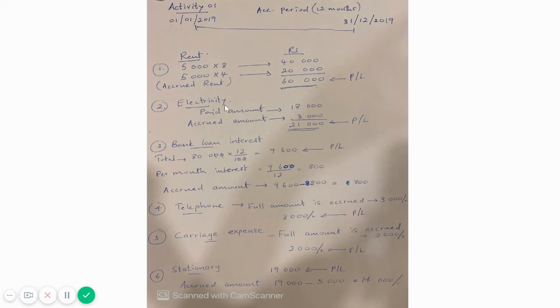So the total electricity bill will be 21,000, and the 3,000 will be the amount which is accrued. So that must be shown in the statement of financial position under current liabilities as accrued electricity. The total of 21,000 must be shown under profit or loss as electricity expense.